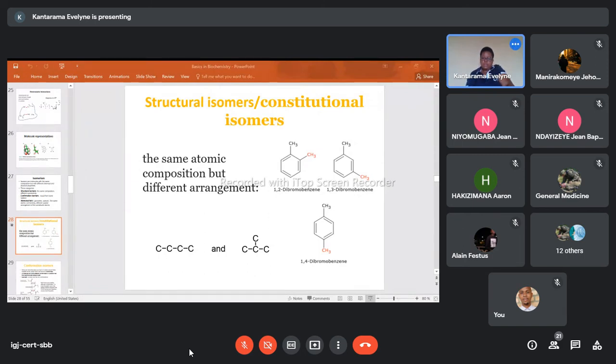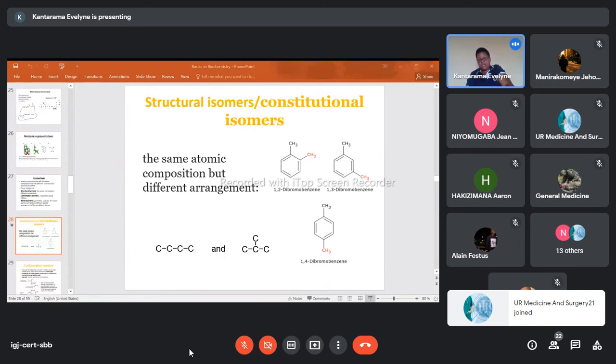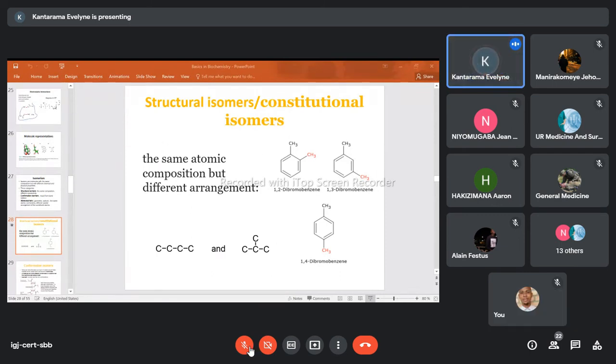Still the same atomic constituents, but different connectivity. These are structural isomers. The same here, we have 4 carbons. Here they are arranged linearly, but here they form a kind of branch. These are structural isomers. The structure only.